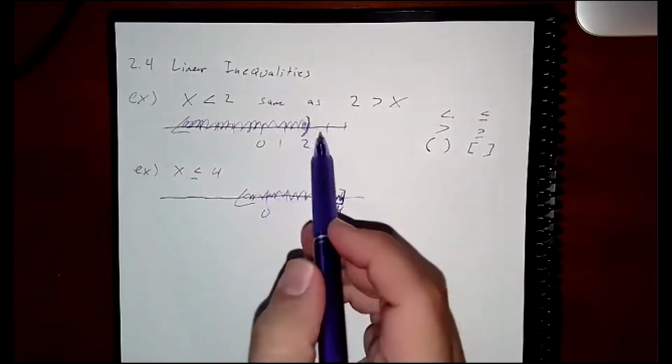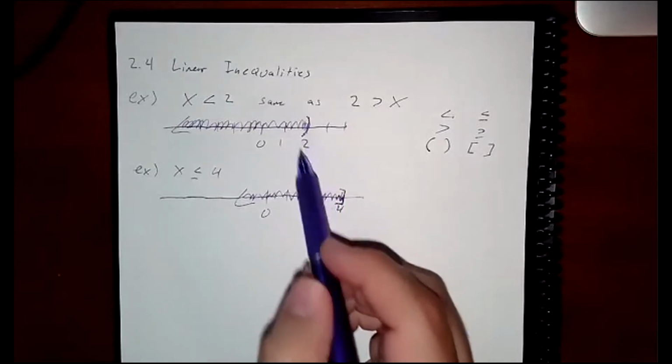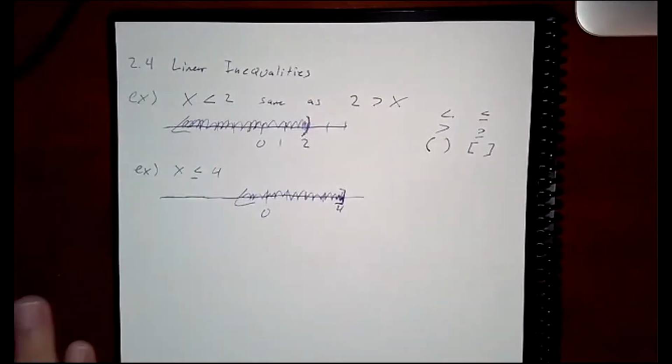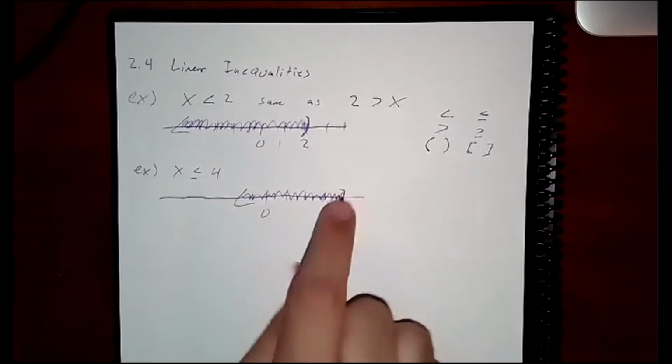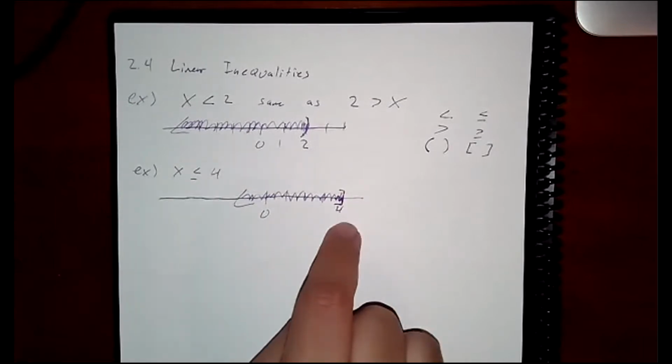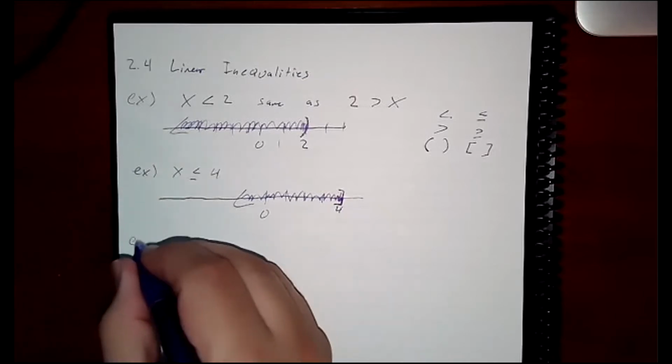This guy up here starts right below the 2. That's the difference. Okay, so less than is right below. So like 1.99 is included, but not 2. This guy includes the 4, and that's exactly where the cutoff starts.